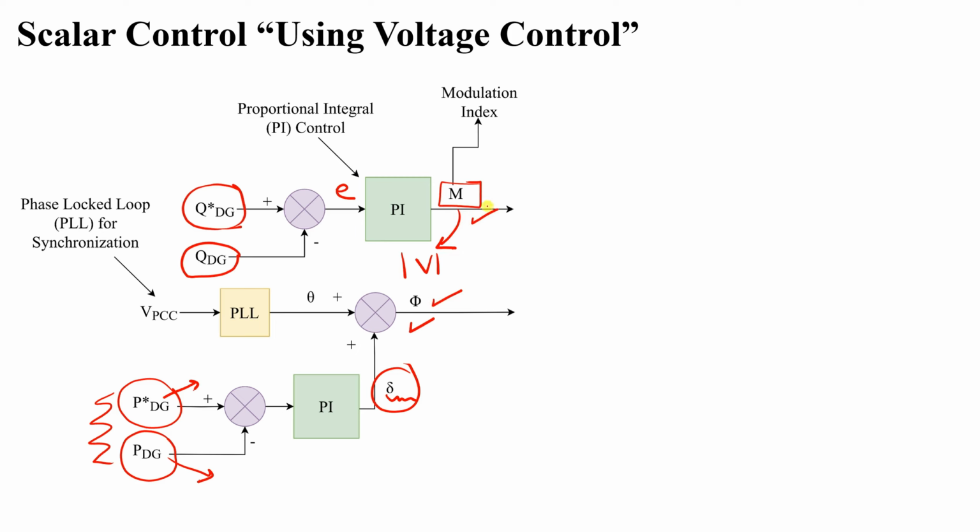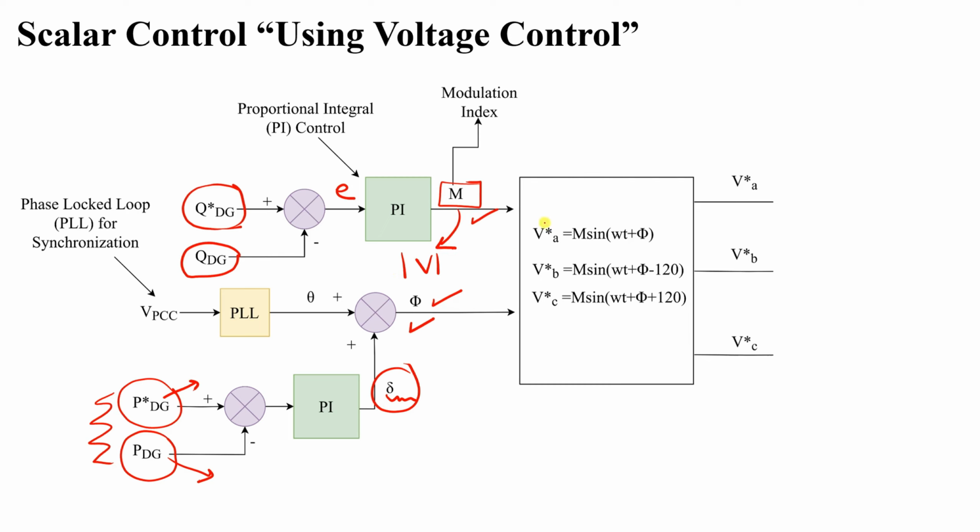Now taking these two values, we can represent them in a three-phase form. You will find that VA reference, VB reference, VC reference will be as follows. Three-phase signals: sine omega t, sine omega t minus 120, sine omega t plus 120. Three phases shifted by 120 degrees, right?